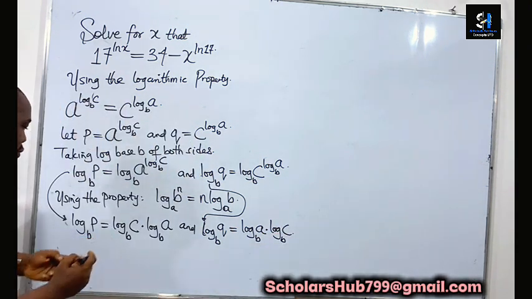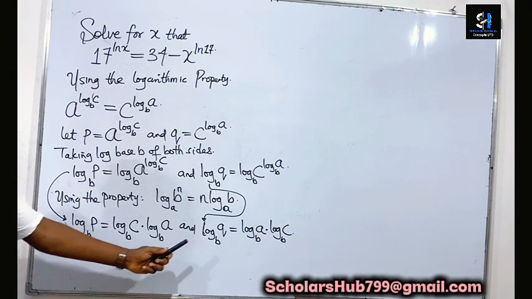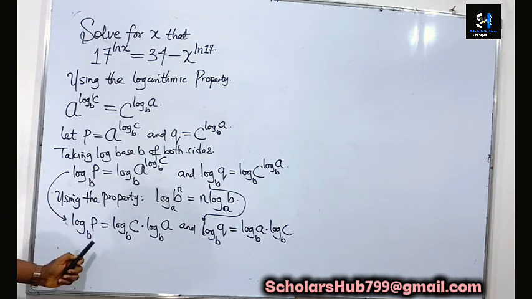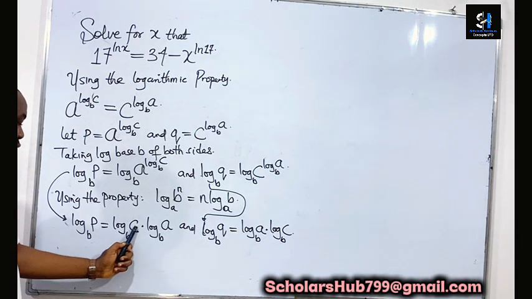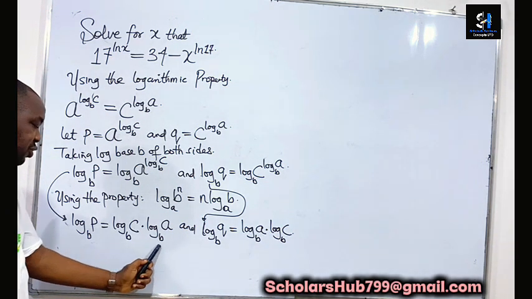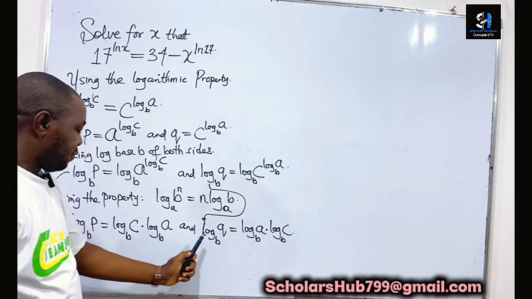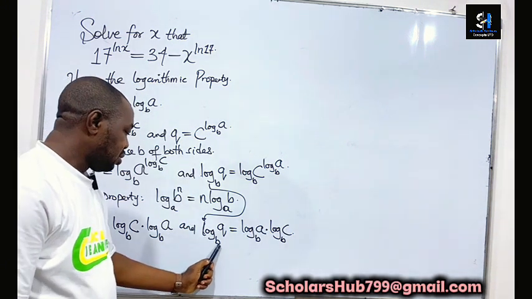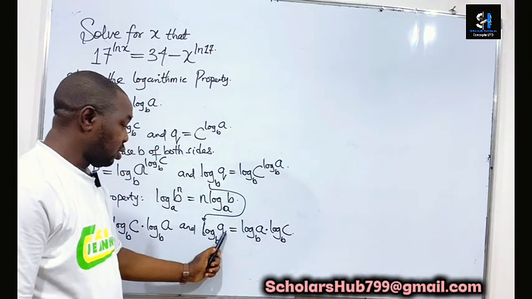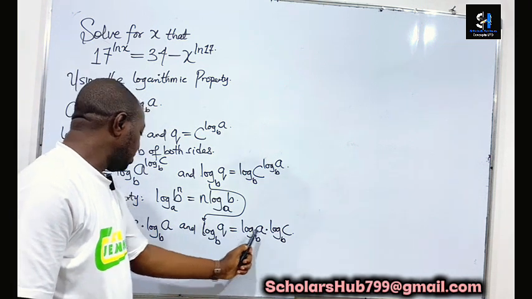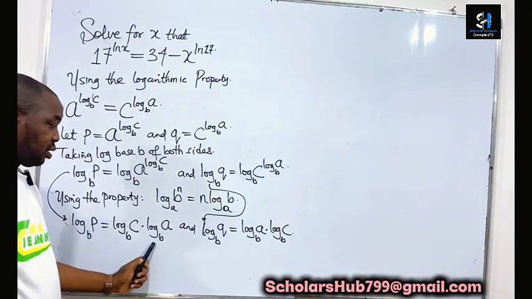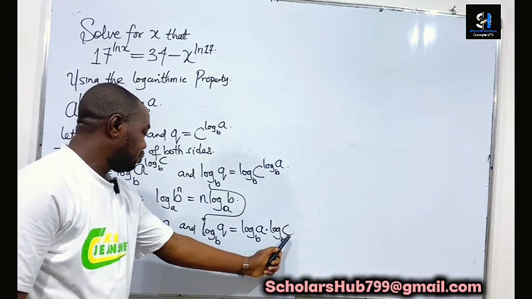Now let's look at what we have for the two logs. Log base b of p equals log base b of c multiplied by log base b of a. Log base b of q equals log base b of a multiplied by log base b of c.